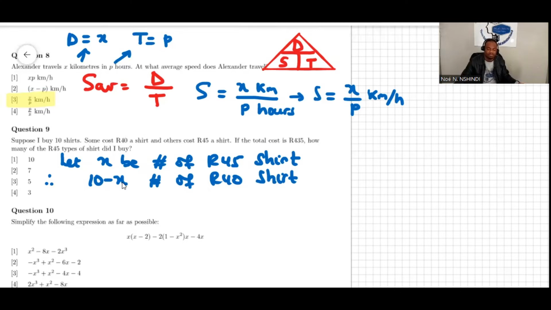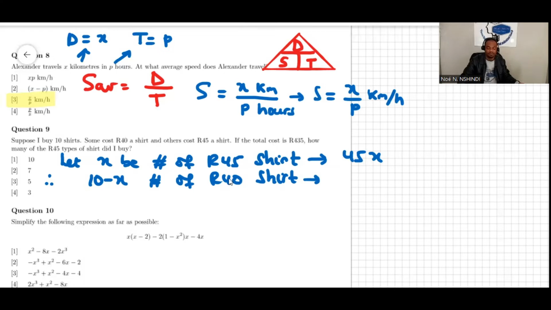So let's now calculate how much it makes. If I had X shirts that cost 45 rand, the total would be 45X. So the cost of X shirts will be 45X.